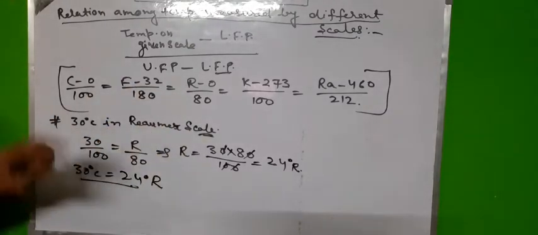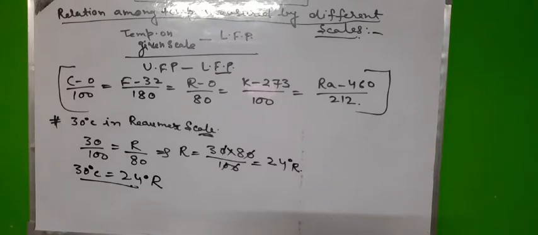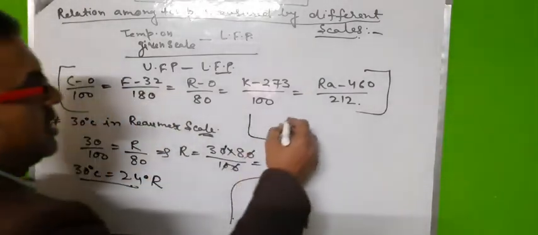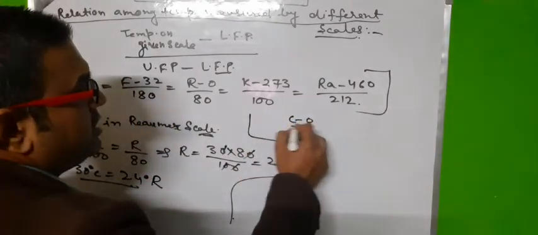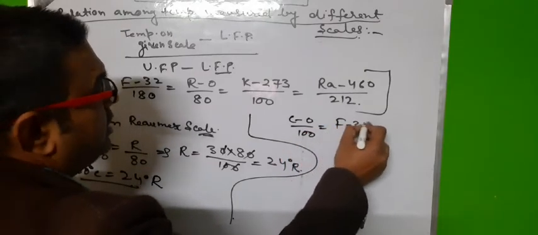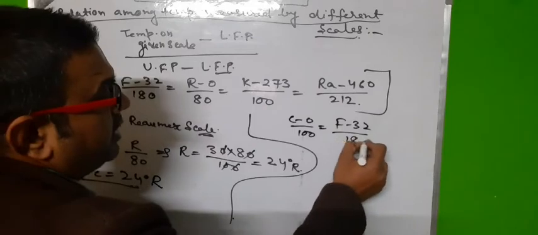Similarly, any temperature we can convert by the help of these formulas. Now look at here. This is C minus 0 upon 100 equal to F minus 32 upon 180.